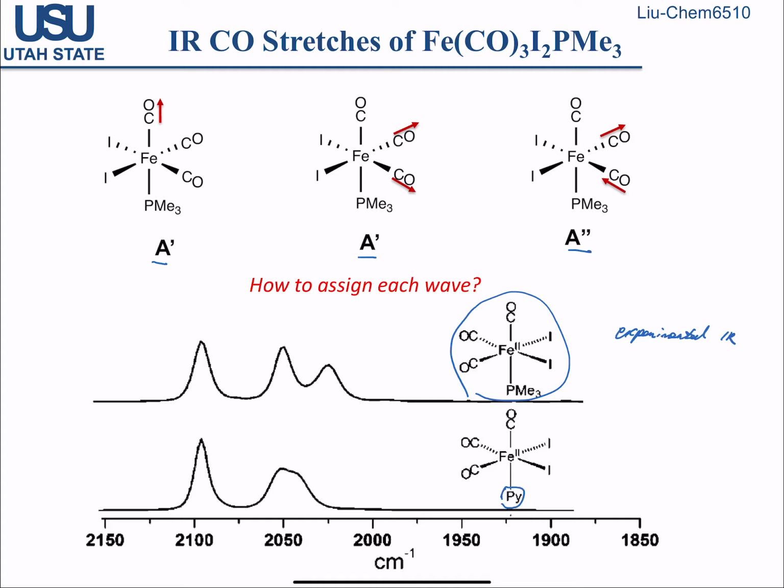Okay, but you will say what's the difference here? What's the same thing here? Information. But anyway, let's look at the data for this trimethylphosphine iron tricarbonyl compound. You have one stretch at around 2095.